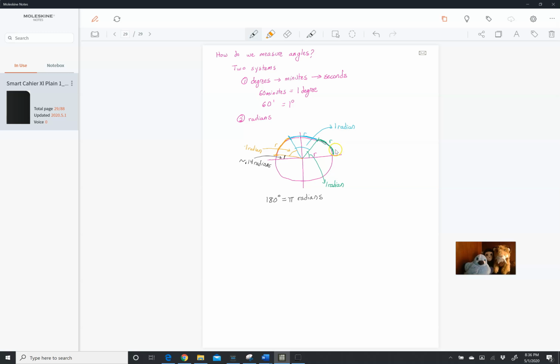If we know that 180 degrees is equal to pi radians, just a note before we do conversions, it's not necessary to write the unit. In other words, if there is no unit, the angle is in radians.